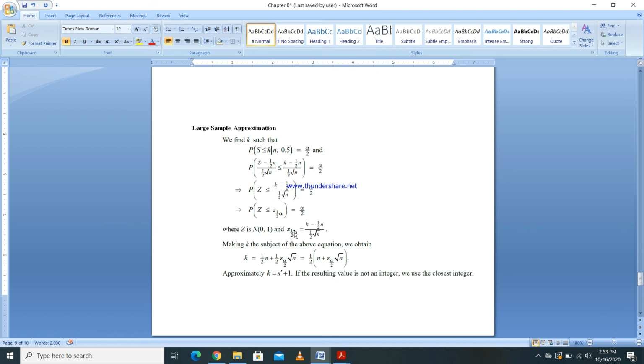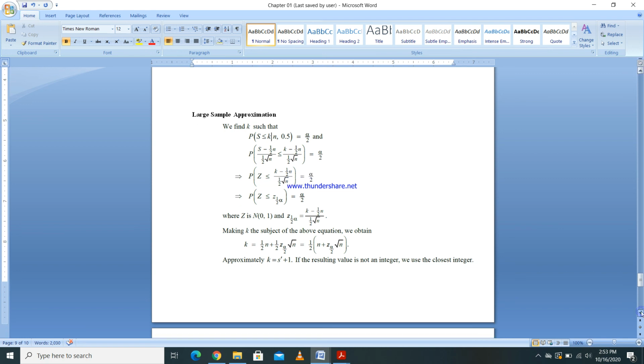By equating these two values, you can find the K value, right? When you find the K value, we take it as S dash plus 1, and then using the previous procedure we find the upper limit and the lower limit.